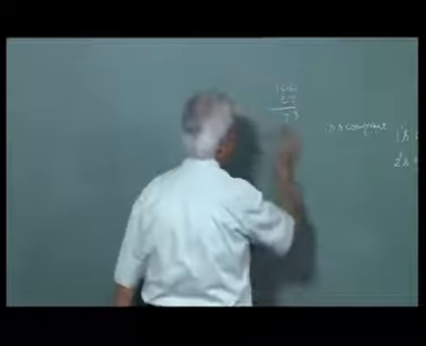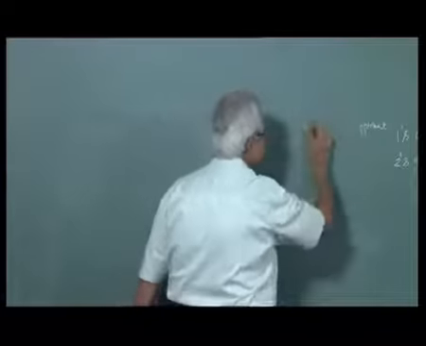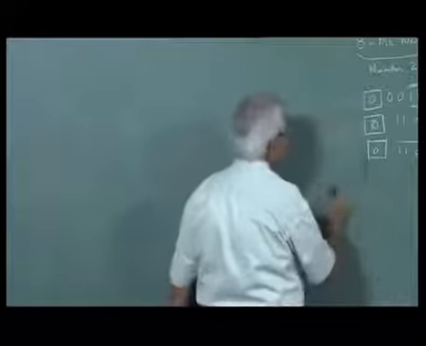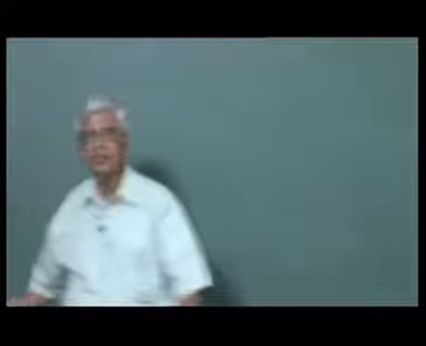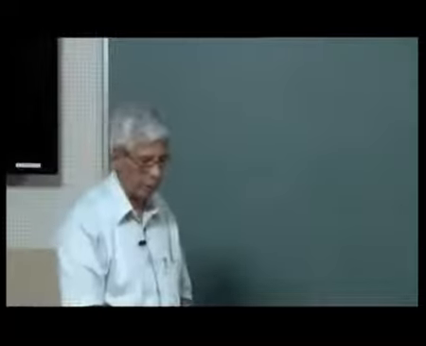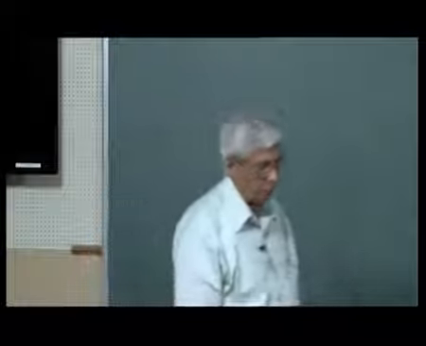Subtraction of a negative number is addition of complement. Easily done in 2's complement. Can also be done in 1's complement, but very rarely it is done in 1's complement. So I will start with 2's complement. A subtraction in 2's complement.